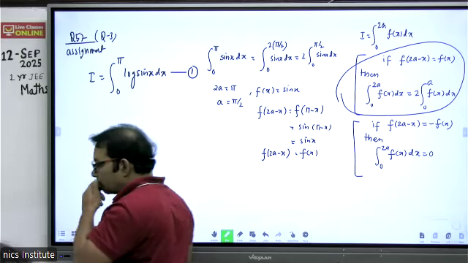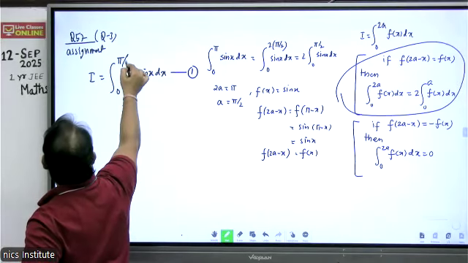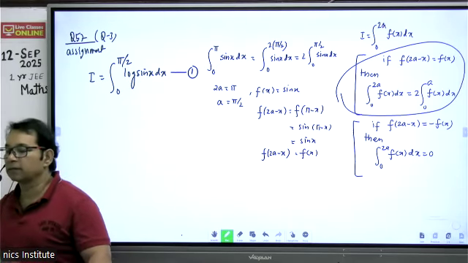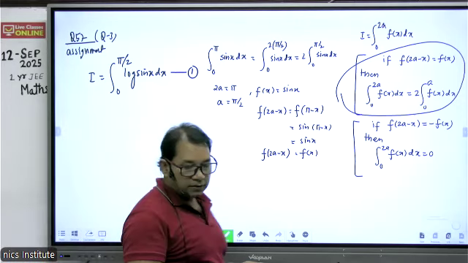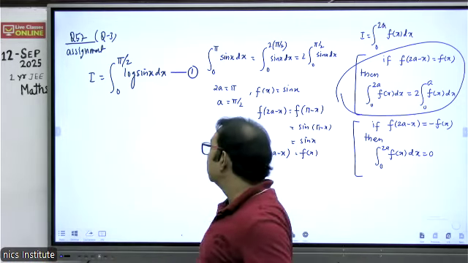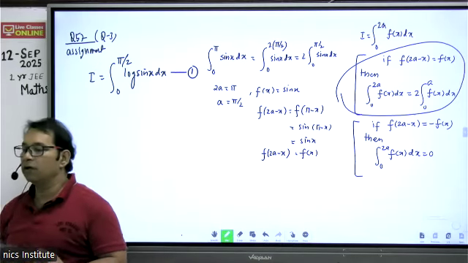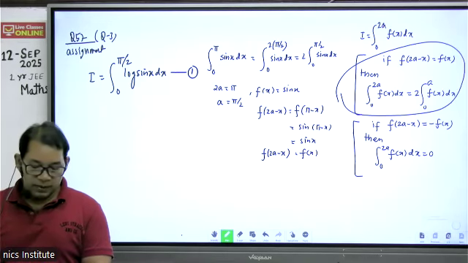So क्वेश्चन में पाई बाय 2 है. Ma, pi by 2 hai? Okay. So apply the property 0 to a first. You can apply the property 0 to a, and after that add equation 1 and 2 both.